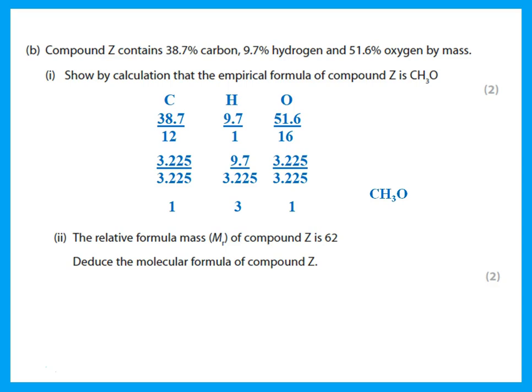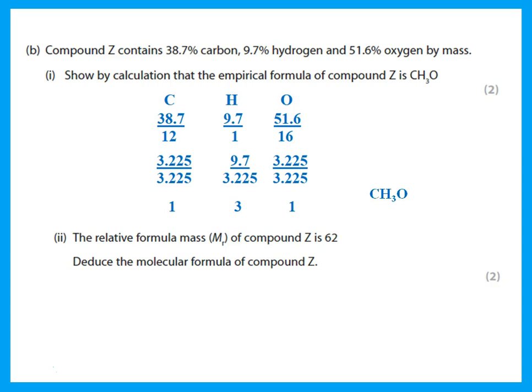And then he goes on and says the relative MR, the relative formula mass of the compound is actually 62. Deduce the molecular formula. Again, remember, empirical formula means the formula that gives the smallest ratio between the atoms. The molecular formula will show the actual ratio. So he's telling me the MR of this compound should be 62.